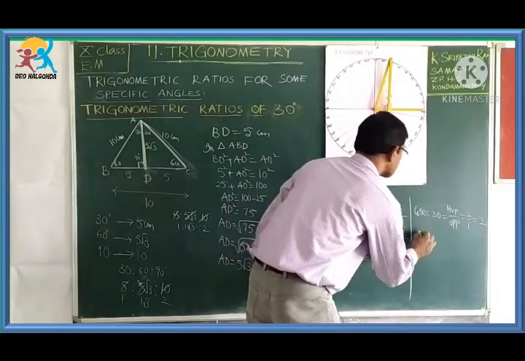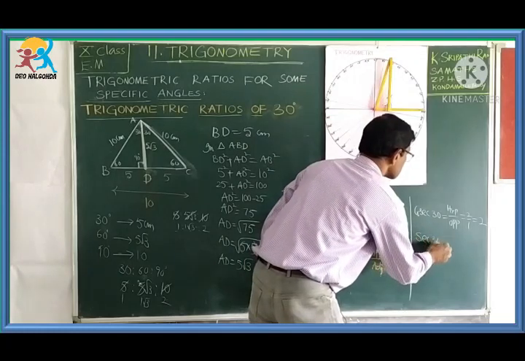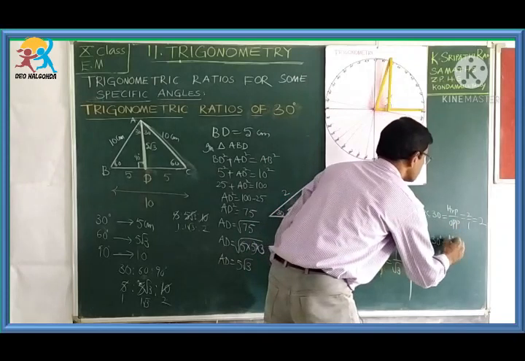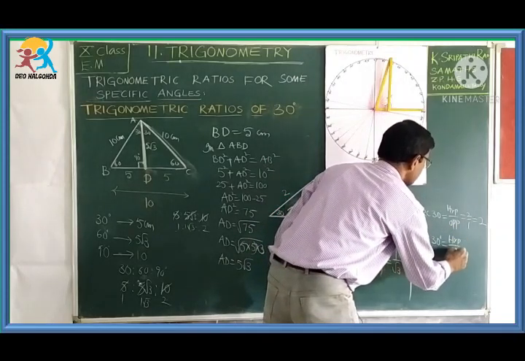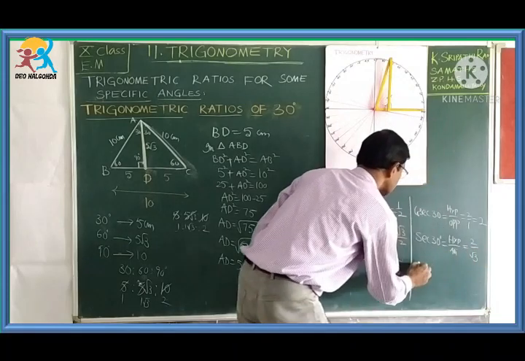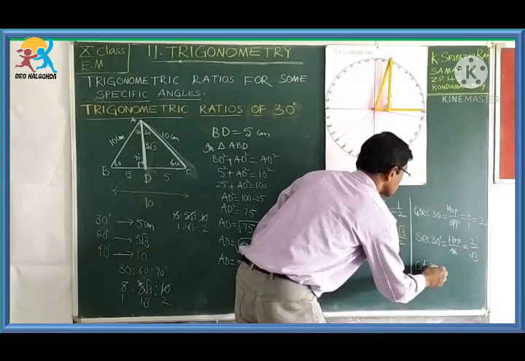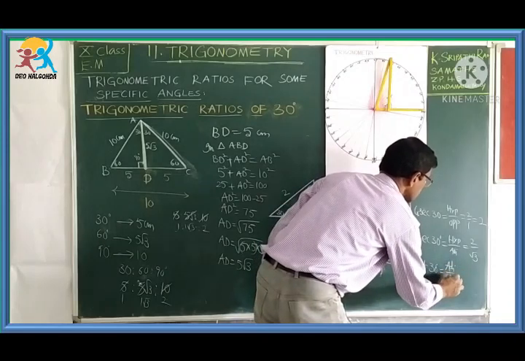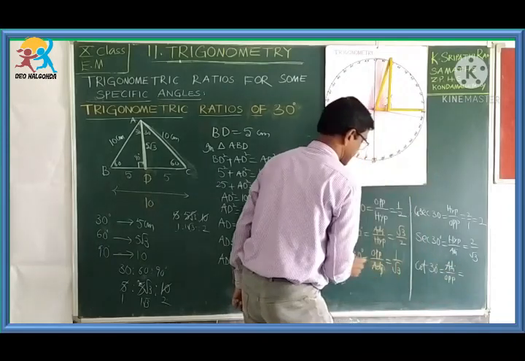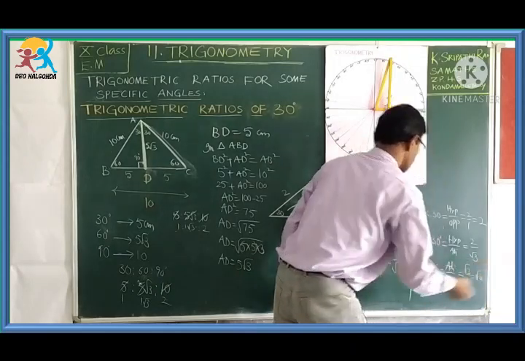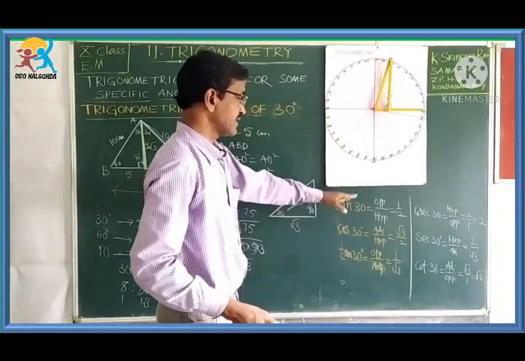Then sec 30 is hypotenuse by adjacent side, 2 by root 3. Cot 30 is adjacent side by opposite side, the reciprocal of tan theta. So root 3 by 1 is equal to root 3. In this way we can decide the values.